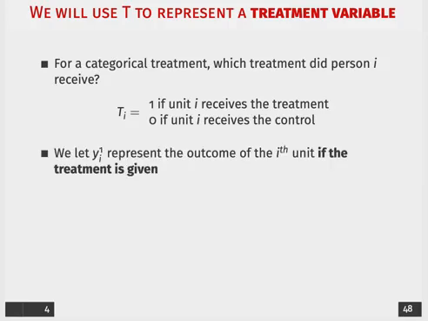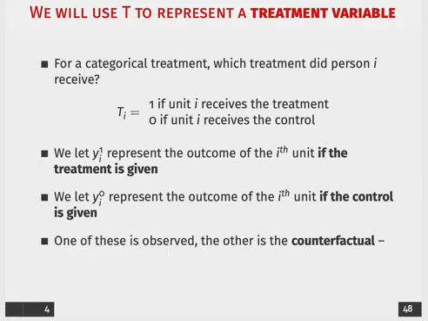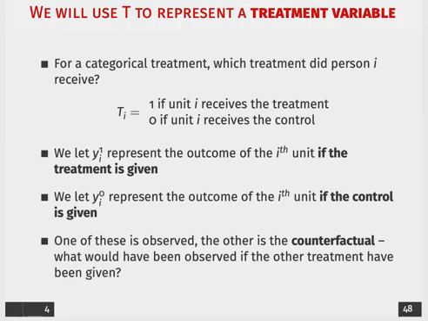The important thing here is that we're indexing this variable T by individual i. So when we look at the outcome category, which is represented by Y, we have the same kind of indexing here, where we have a potential outcome given that someone receives the treatment. And we also have a representation for the potential outcome if that ith individual is given the control. The important thing to remember here is obviously one of these is observed, the other one is going to be a counterfactual, right?